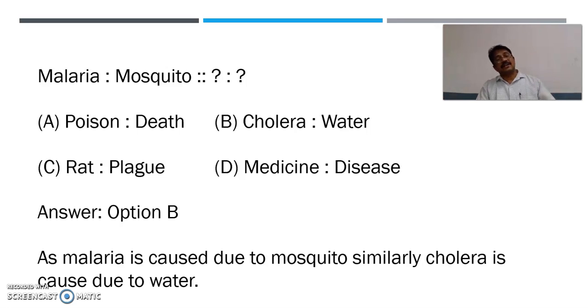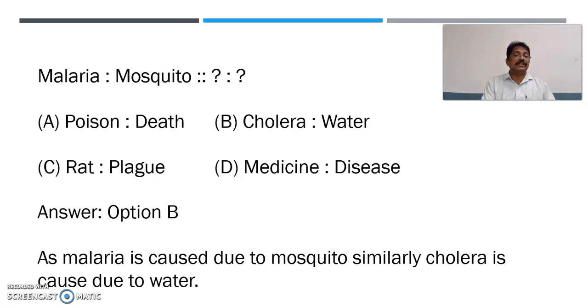Cholera is a disease, then the causing factor, the same kind of relation. But if you see option C, rat, the causing factor, comes first, then disease. So even though there is some kind of relation, the order given between malaria and mosquito is not maintained in C. So option B is correct.